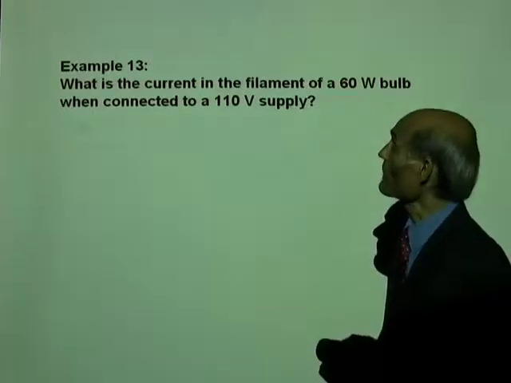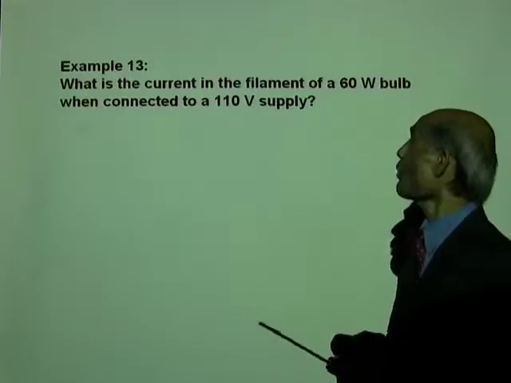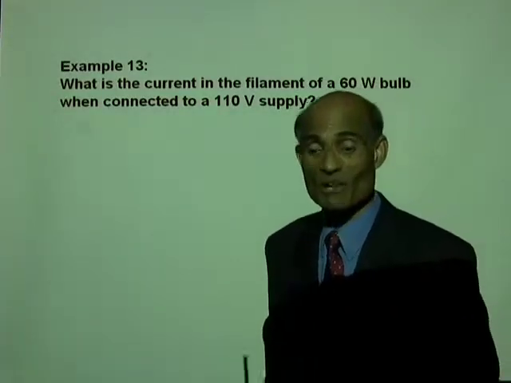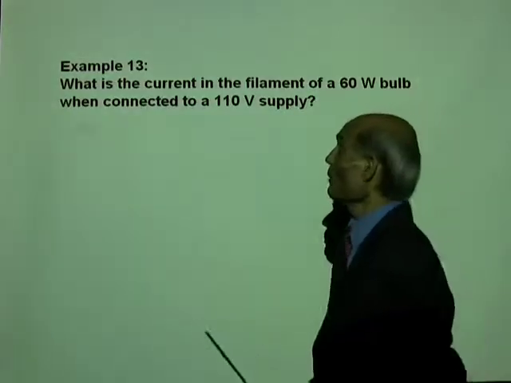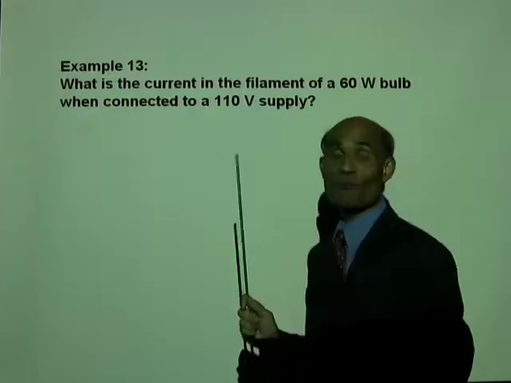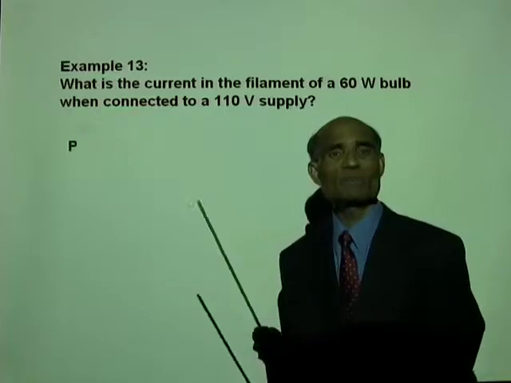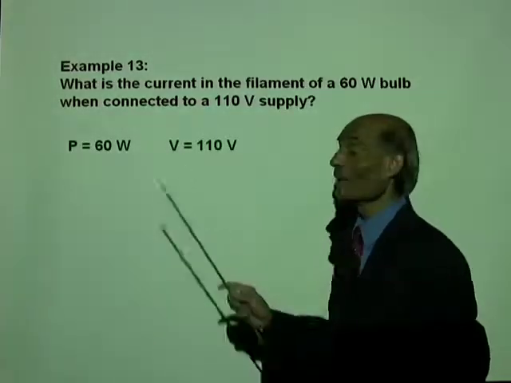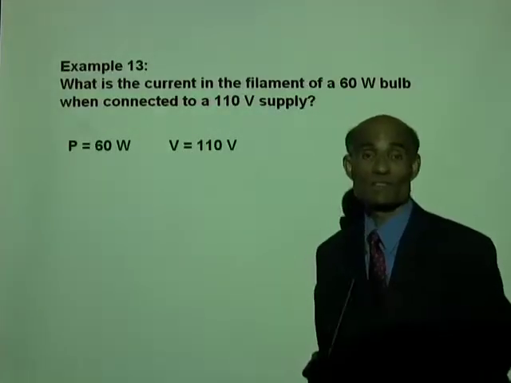Let's do an example. What is the current in the filament of a 60-watt bulb when connected to a 110-volt supply? Well, we know the power. The power of the bulb is 60 watt, and the voltage is 110 volt.